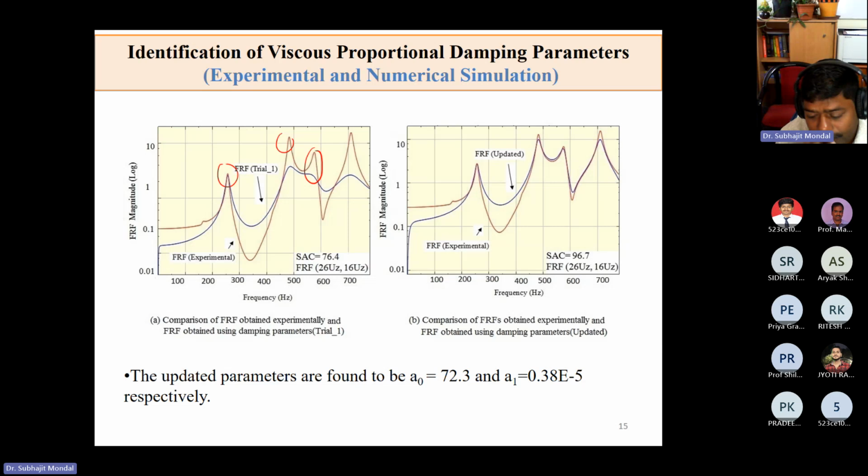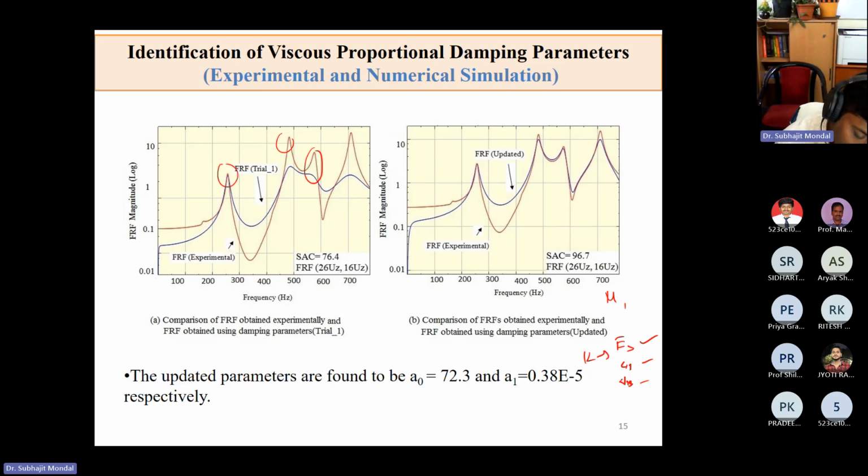Either you can use genetic algorithms or you can use a gradient based method, or any other updating technique to update the parameters. What can we update? We can update the mass or we can update the K. K in the sense we can update your E's and Poisson ratios. All three means a total of 9 parameters we can update.